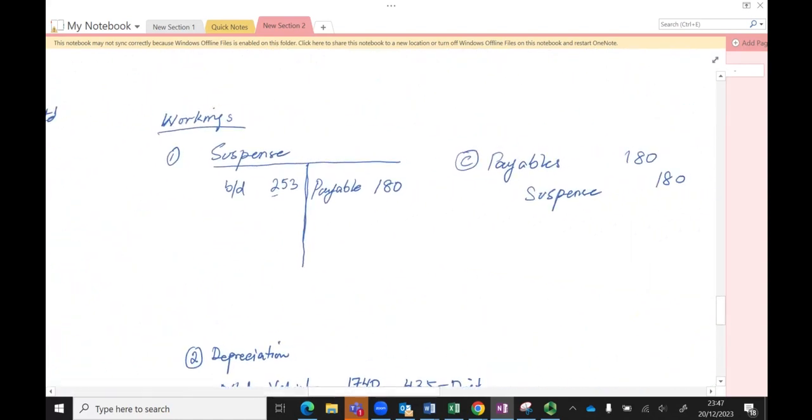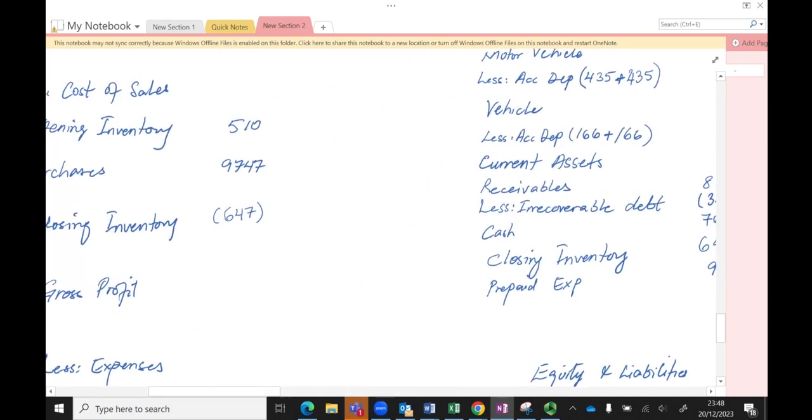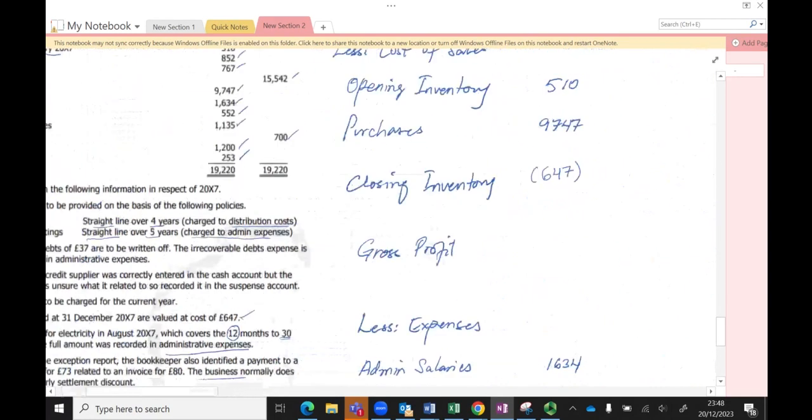What he should have done was payables debit by £80, discount received credit by £7, 80 minus 73, and bank account credit by 73. Well, he has recorded bank correctly. Which note was that? That was note number G.